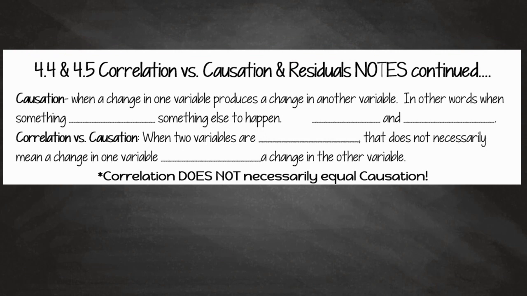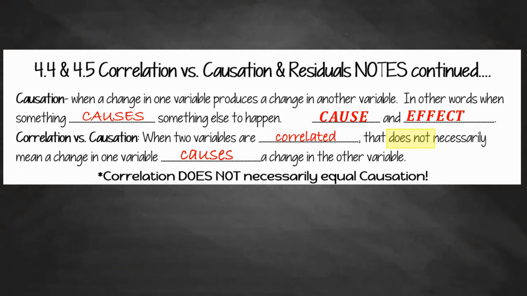So let's talk about causation. Causation is when a change in one variable produces a change in another variable. In other words, when something causes something else to happen, we know this as cause and effect. Correlation versus causation: when two variables are correlated, and first we have to determine if they're correlated, that does not necessarily mean that the change in one variable is causing the change in the other.